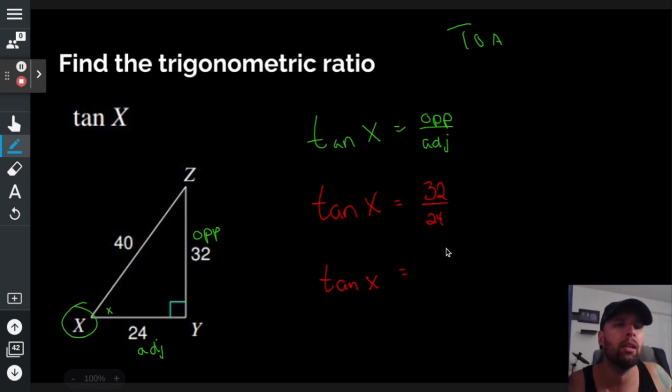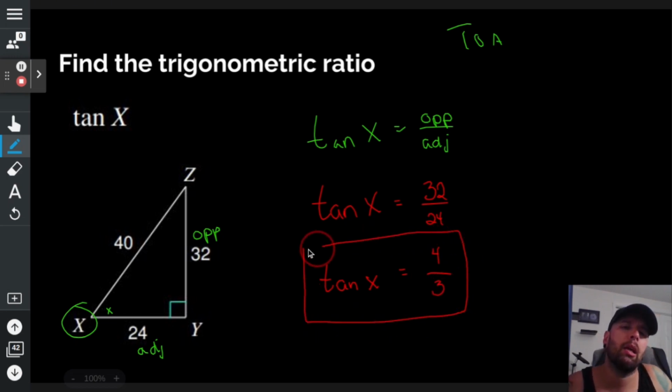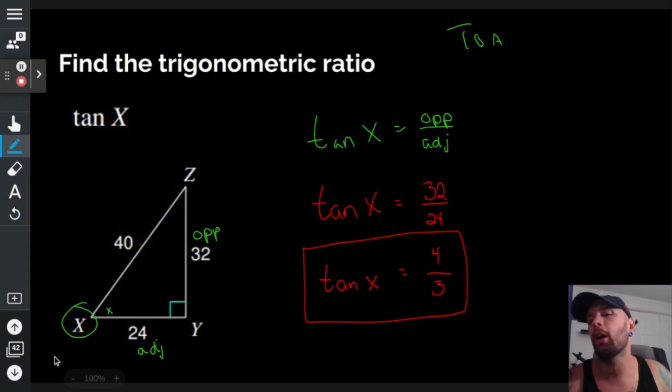If you divide both of those by 8, you get 4/3. So that's what tan x is. Right now, all I'm doing is finding the trigonometric ratio. I'm not solving for x. We will deal with that soon enough in this video.